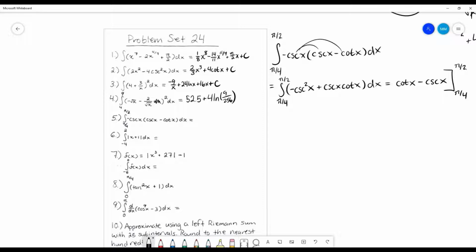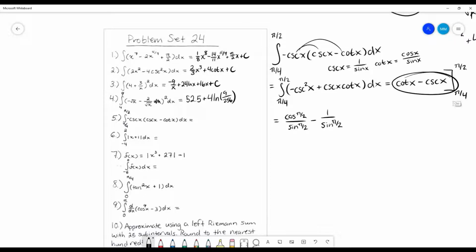Reminder that cosecant of x is the same as 1 over sine of x, and cotangent of x is the same as cosine over sine. So evaluating this, it's going to be cotangent of pi over 2, which is the same as cosine of pi over 2 over sine of pi over 2, and then minus cosecant of pi over 2, which is then 1 over sine of pi over 2.